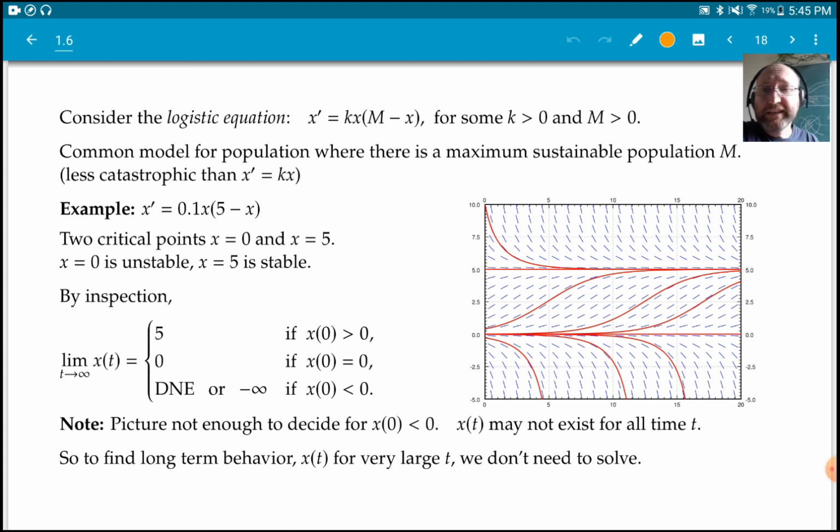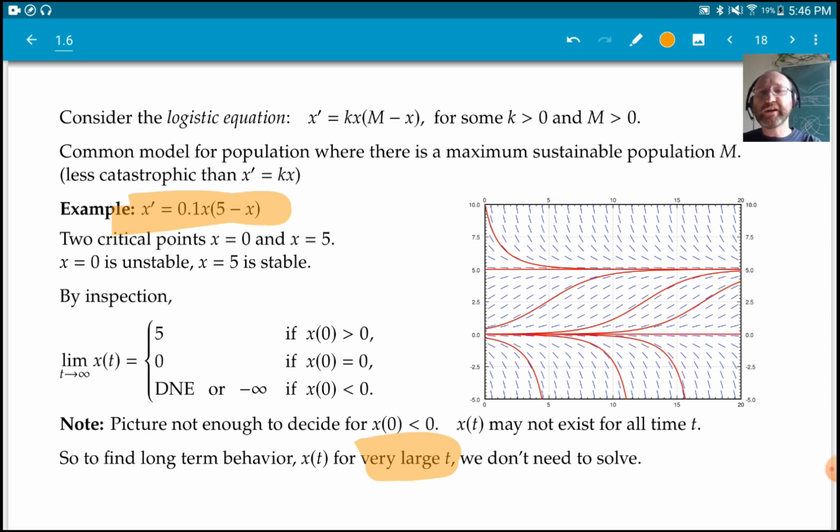From this, we see that we can actually decide what happens long term, so what happens for very large t, more or less, without needing to solve. I mean, we did not solve this equation. So there are certain questions, namely this long-term behavior, what happens eventually, where we don't really need to know the solution.